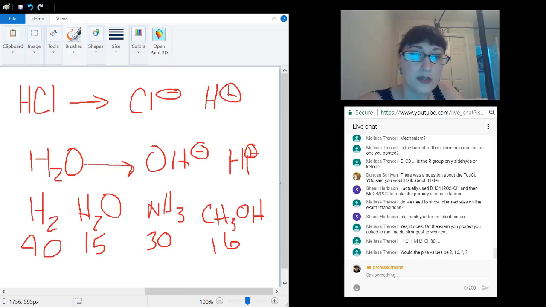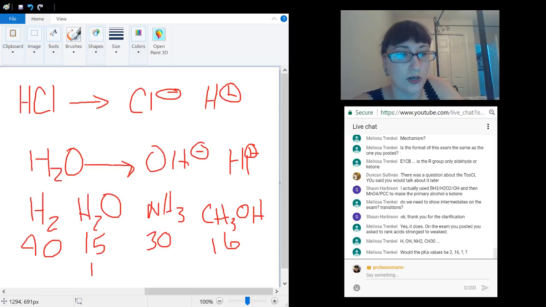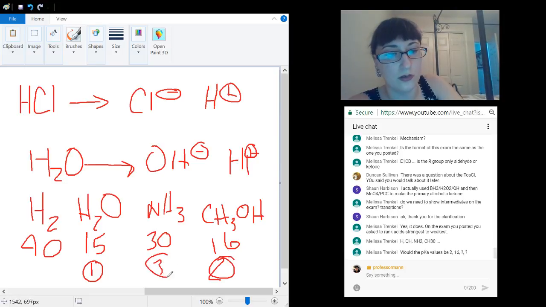So that means that this here is the strongest acid in this order. And so for the bases, it would be the opposite order.